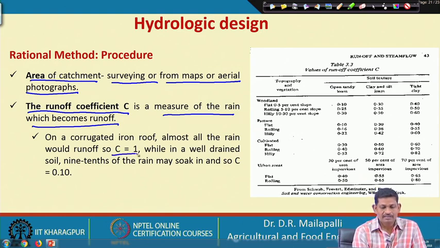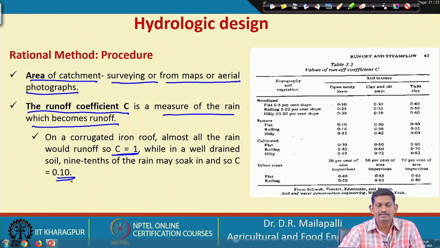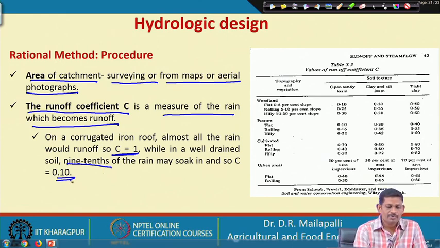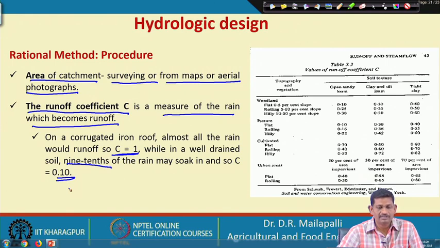When C equals 1, the rainfall is completely turned into runoff, whereas if C equals 0.1, around 9/10 of the rain may soak in. So, C equal to 0.1 means 10 percent of the whole rainfall will become runoff.